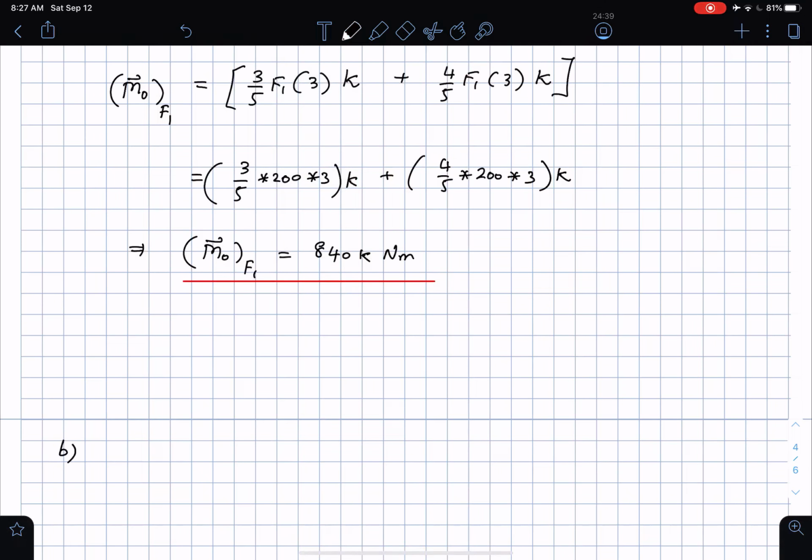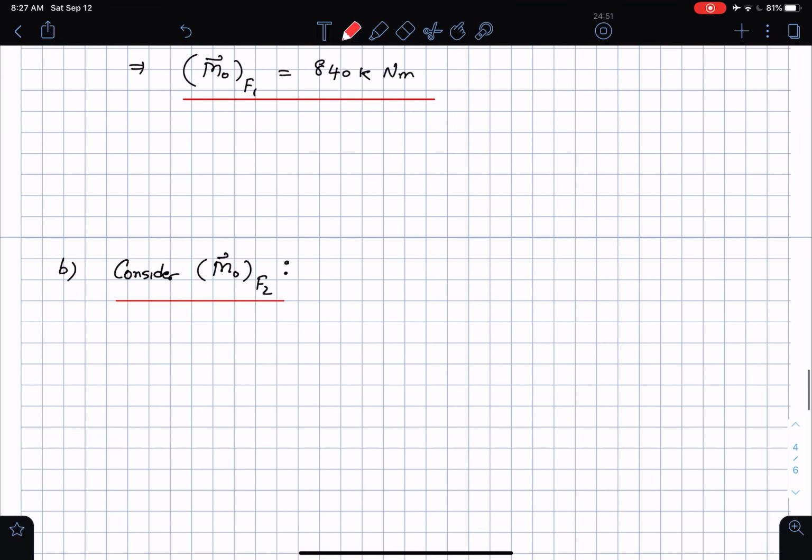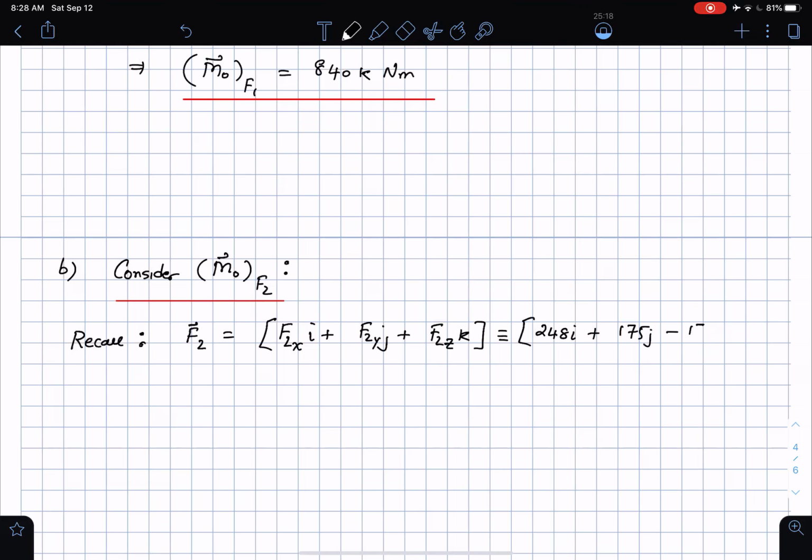Consider the moment about O due to the force F2. Now this is a slightly tricky customer. You've got to be careful here. F2, remember or recall, which I'm going to write as F2x i, F2y j, F2z k, was written out as 248 i, 175 j, minus 175 k, so many newtons.